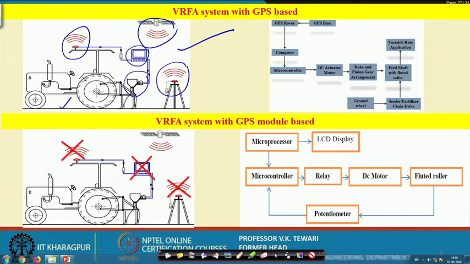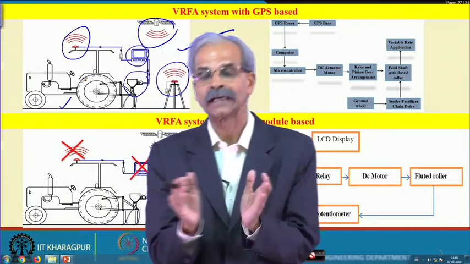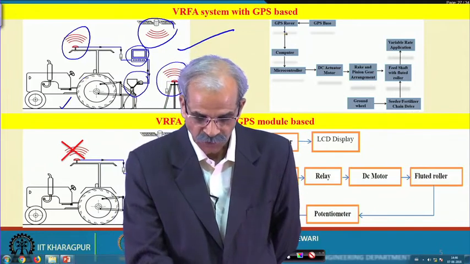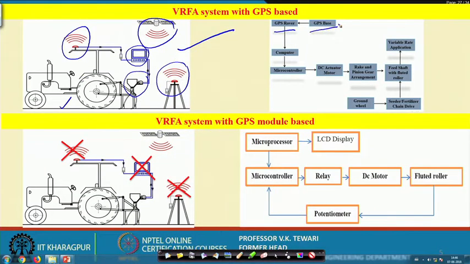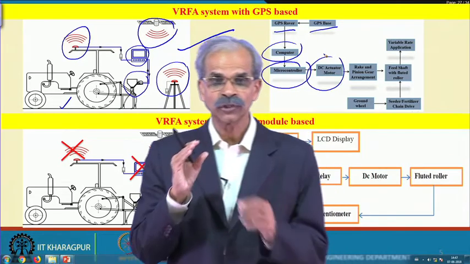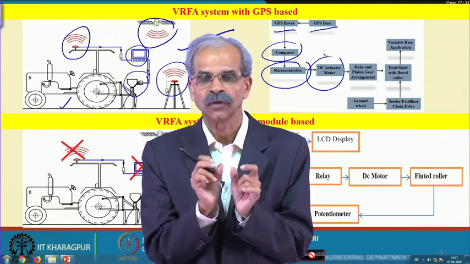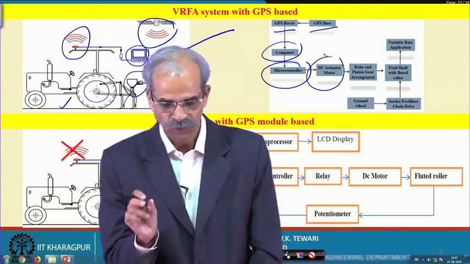Now, I would like to draw your attention towards what was there in that system. Just see on the other side the GPS rover, then the GPS base, which are these two here. Then the computer which was there. So, you have certain cost for the computer, the microcontroller, then the DC actuator motor, because this DC actuator motor will do the job of changing the location and the exposure of the fluted roll in this system.